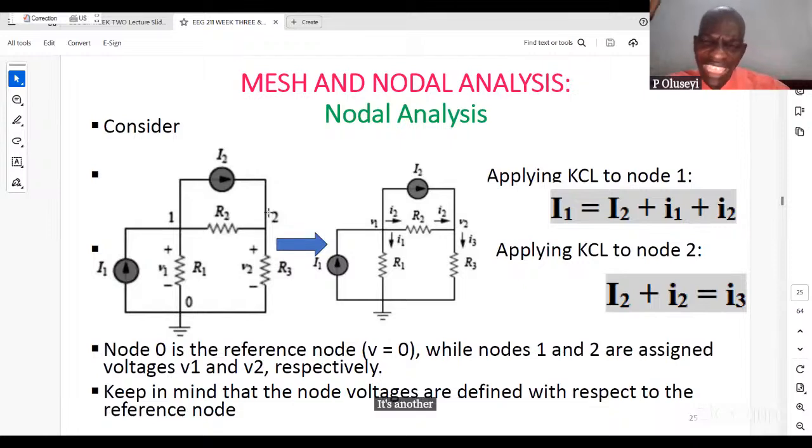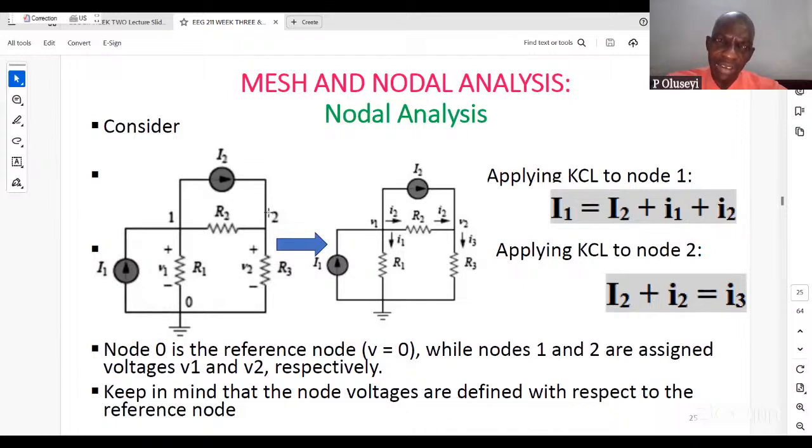Because we have a 3-node circuit, one of them must be the reference. So it is only 2 that we label with numbers. One will be a reference node out of the 3, so it's only 2 nodes that you have to evaluate.